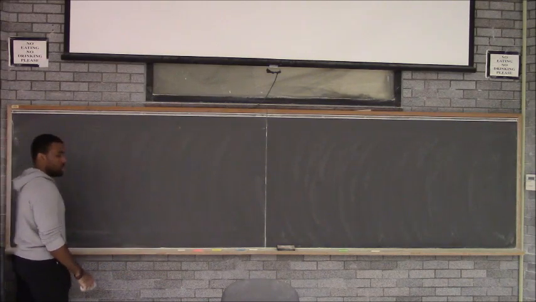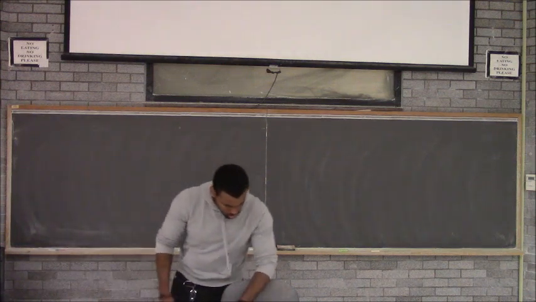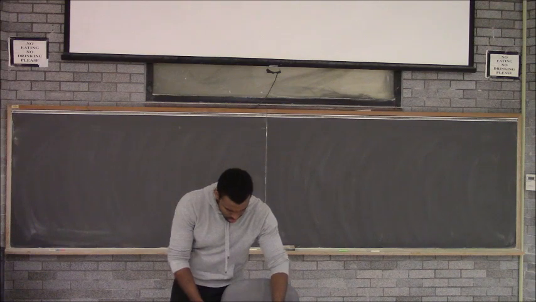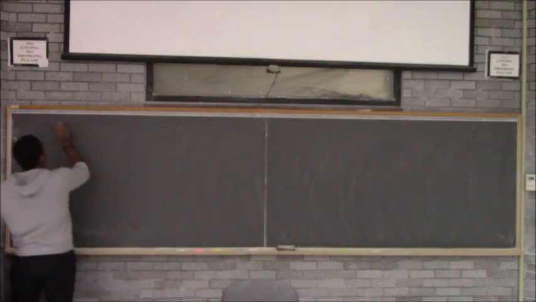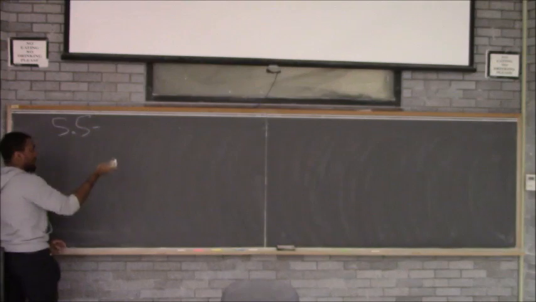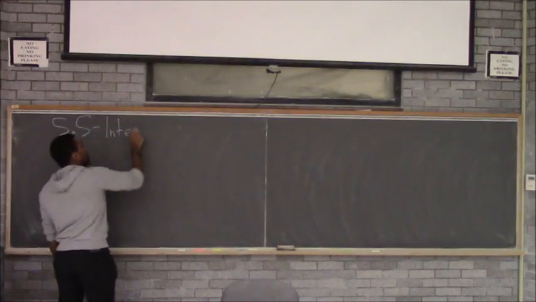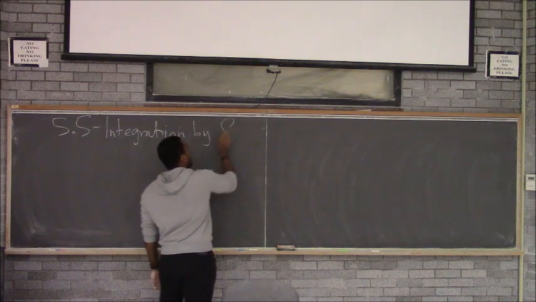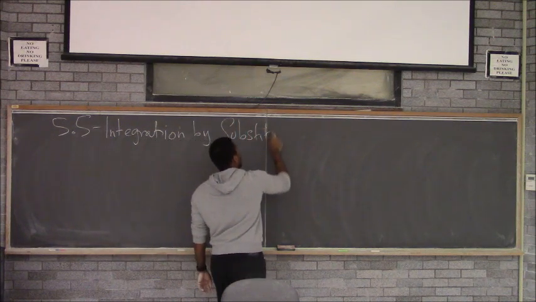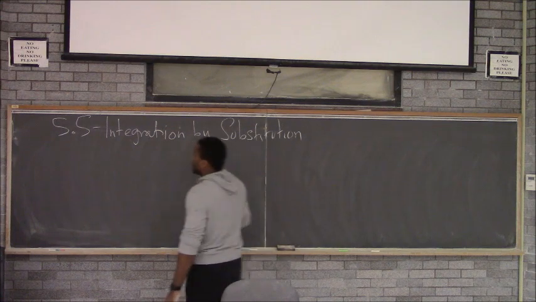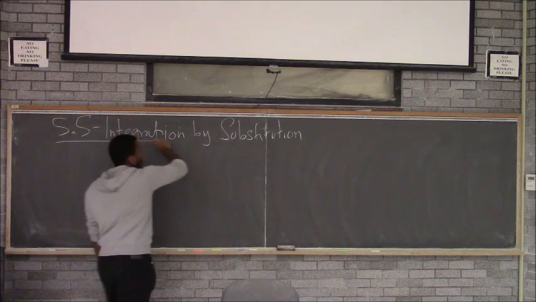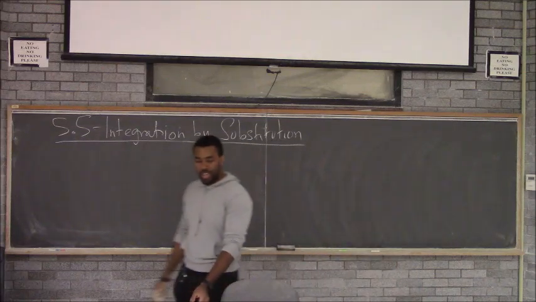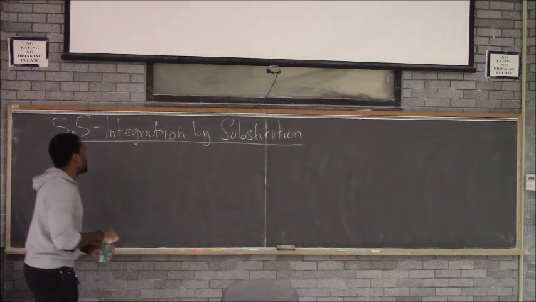I think this is section 5.5. It doesn't matter. The title is going to be Integration by Substitution, which is going to be the lowest level of sophisticated integral techniques that you know.